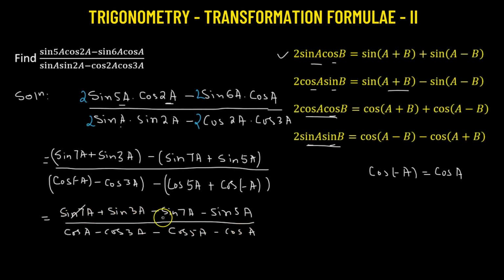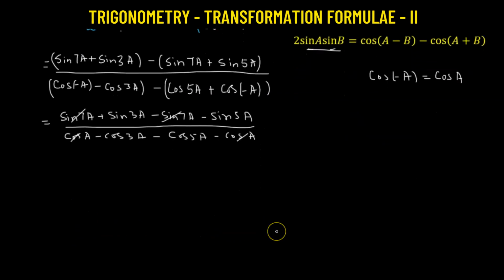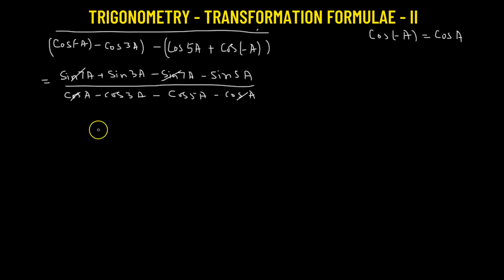So we can cancel out a few terms. Sine 7a and negative sine 7a, cosine a and negative cosine a will get cancelled out, and this is going to leave us with sine 3a minus sine 5a in the numerator. And then in the denominator, we have negative times cosine of 5a plus cosine of 3a.